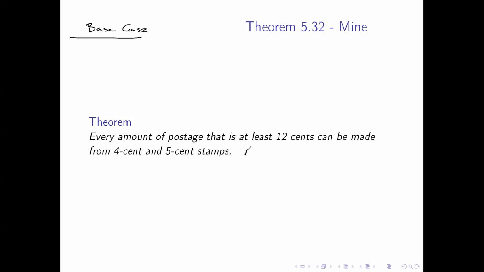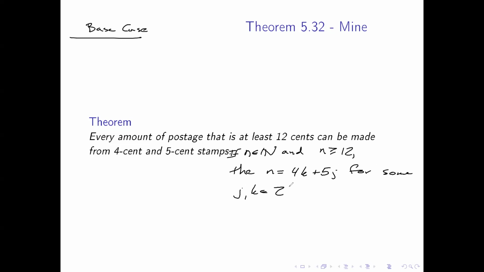I'm saying that for any value n inside the natural numbers, if n is bigger than or equal to 12, then n equals 4k plus 5j for some j and k in the natural numbers, because it could be 0, natural, not integers. They could be 0, but we don't want negative because there's no such thing as negative stamps. So that's where this one gets kind of funky.